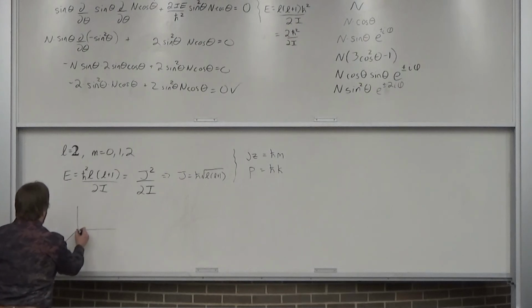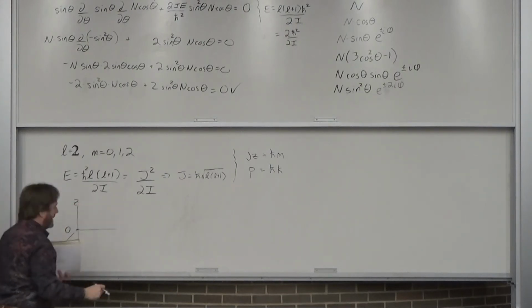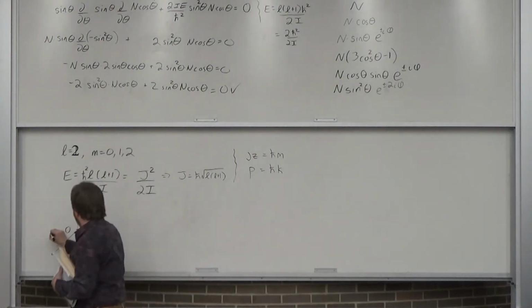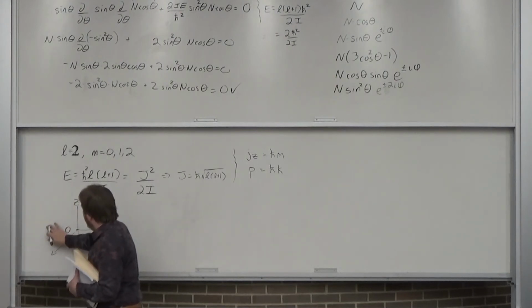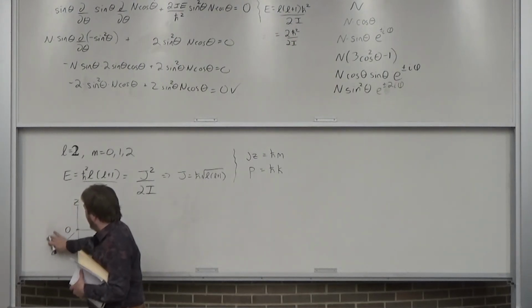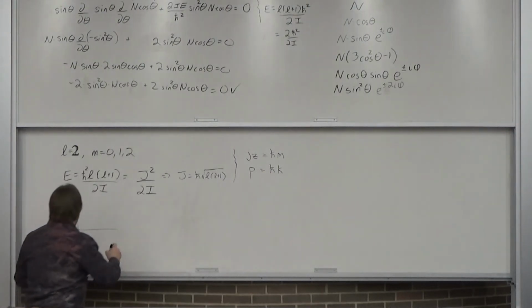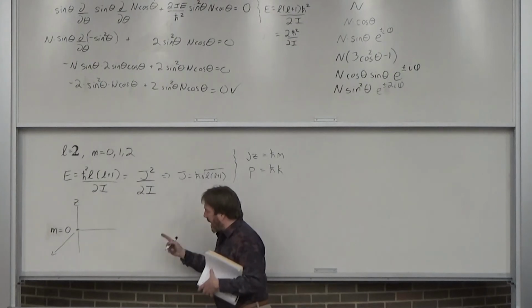The reason I'm saying that the axle is on the x-axis is that the z component has everything to do with the phi angular momentum.